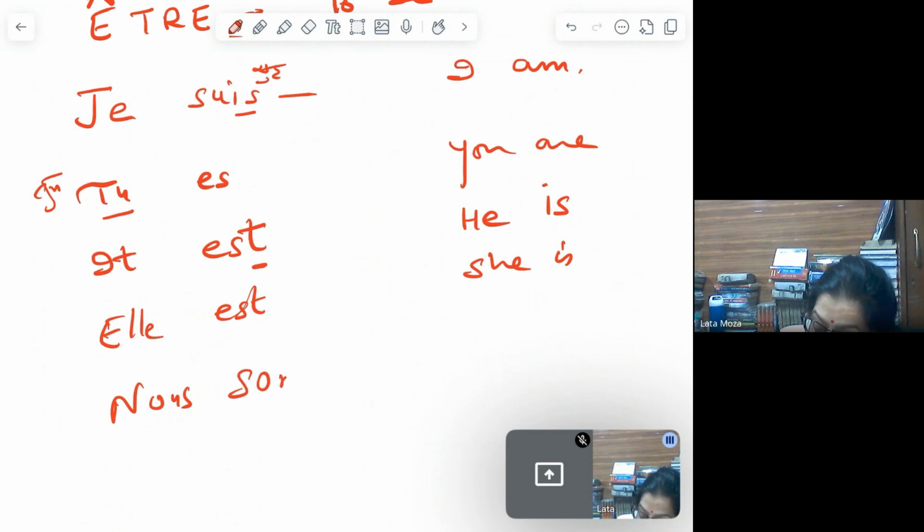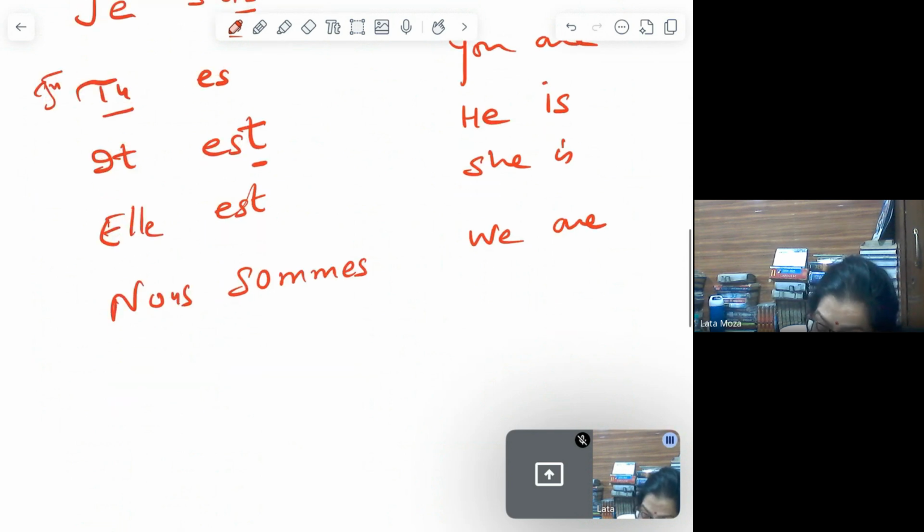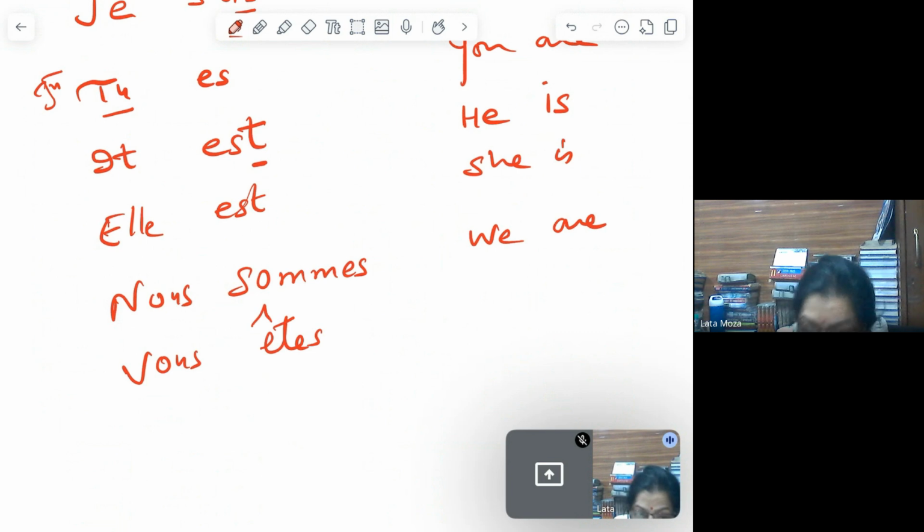Nous sommes means we are. Then it comes vous. Vous êtes. Here you can see there is a circumflex mark, and s followed with e is always pronounced as z. We call it as vouz êtes.